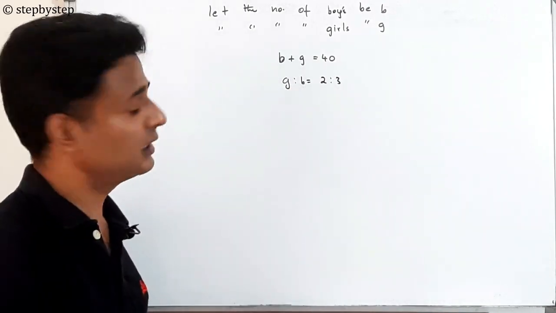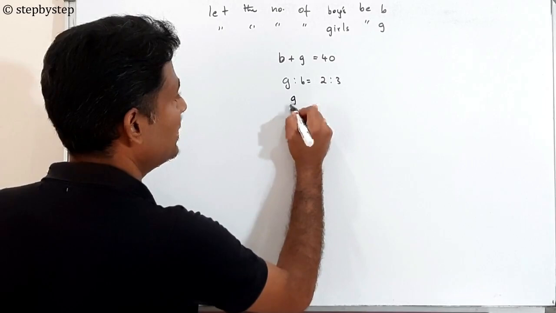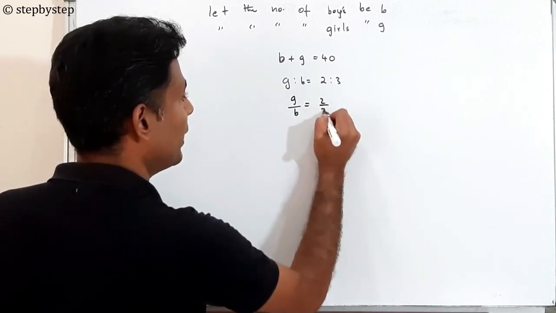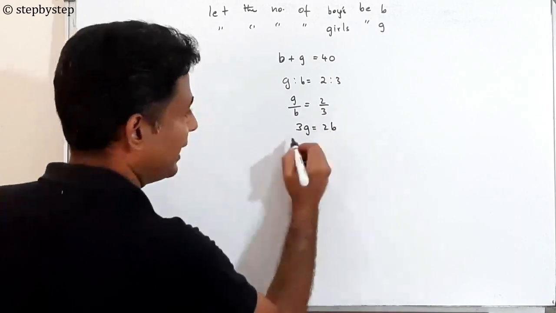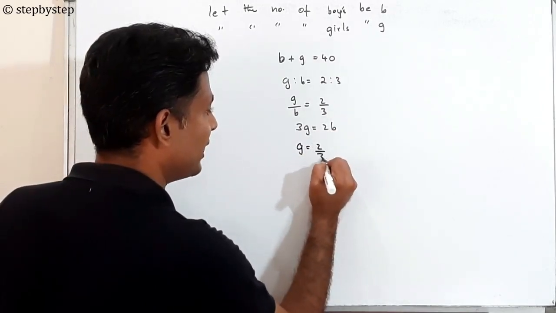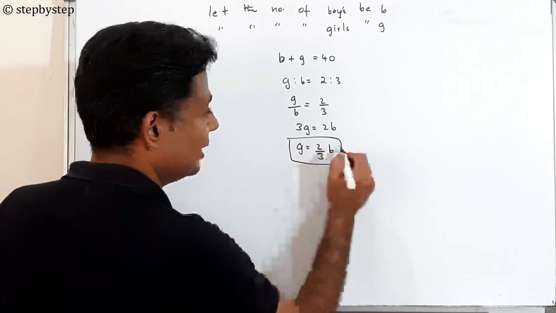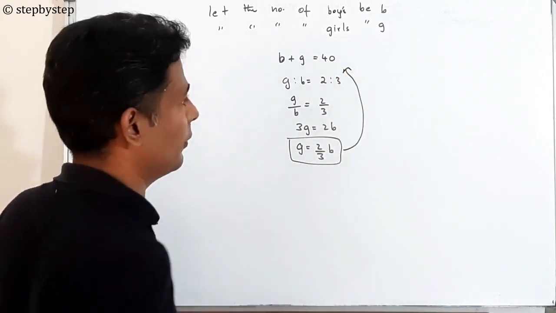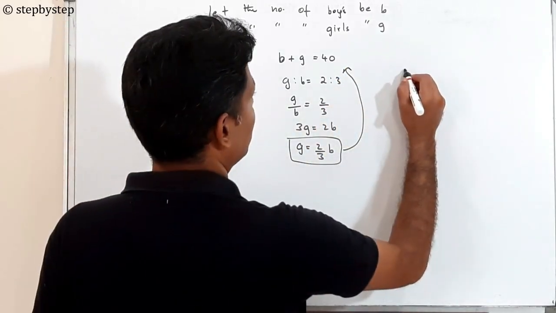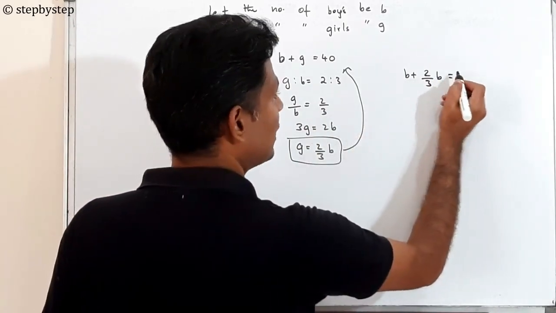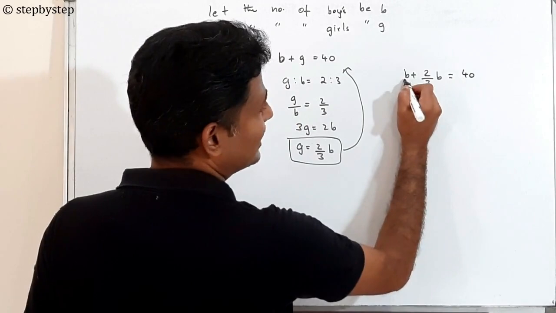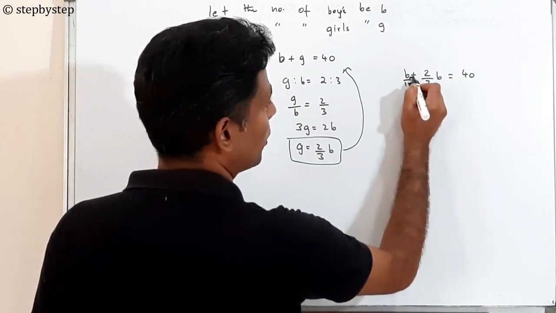They have given us two things here itself, which means g by b equal to 2/3. So 3g equal to 2b, or I can write this as g equal to 2/3 b. I substituted in this equation. So what do I get? b plus, instead of g I'll put 2/3 b, equal to 40. I take the LCM here, by 1 into 3, so up also into 3.